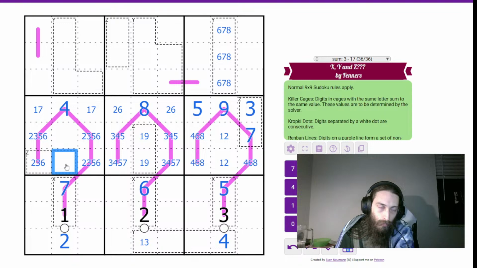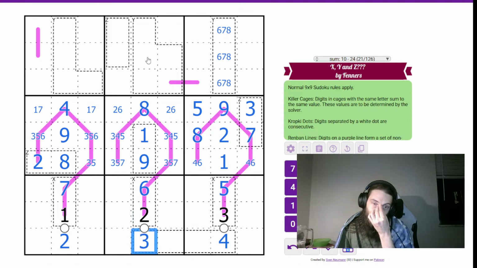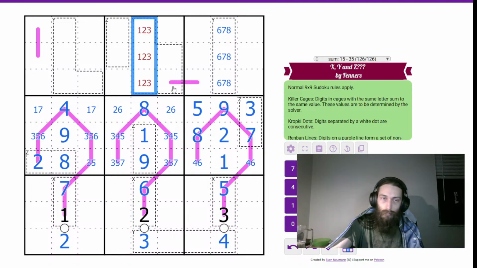And you can't have 5. 4 is not allowed. 7 and 8. 7 is right there, so that's 8 and 2. And Y is 21. Z is 10. So box that's 31, 14.